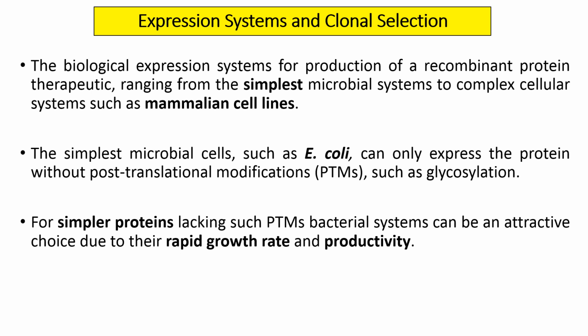So for any simpler protein that lacks this modification, the bacterial system can be an attractive choice due to its rapid growth rate and productivity. So if the protein of interest that we want to produce doesn't have glycosylation, or we don't want to make glycosylation for this protein, the bacterial system is the system of choice, and it's attractive because of rapid growth rate and productivity.